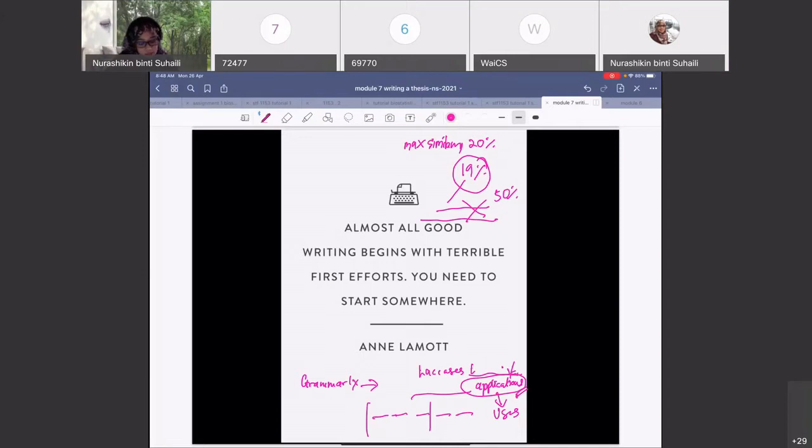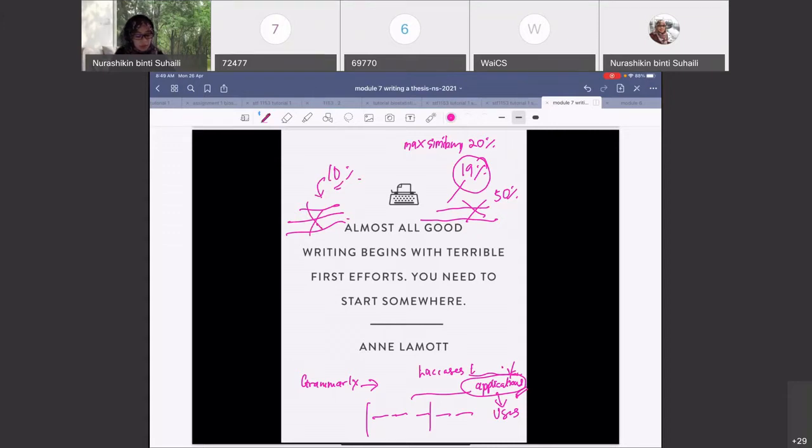If you get, say, a 10% similarity index, which looks much lower than 19%, but in this 10% report there is one sentence that is completely similar, that is called plagiarism, although it's just 10% in total. So you should be careful with that.